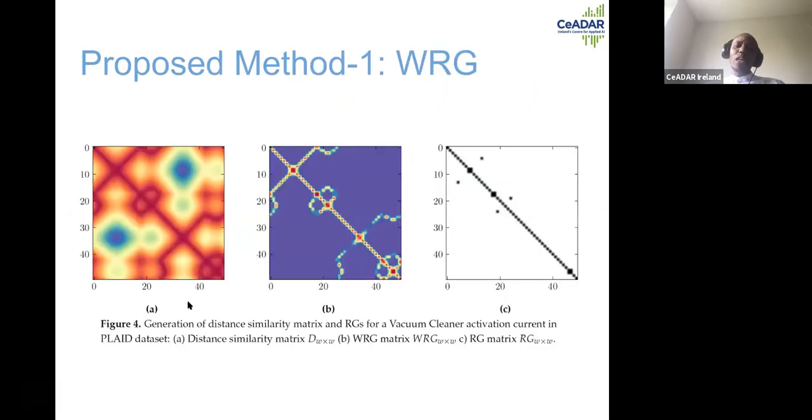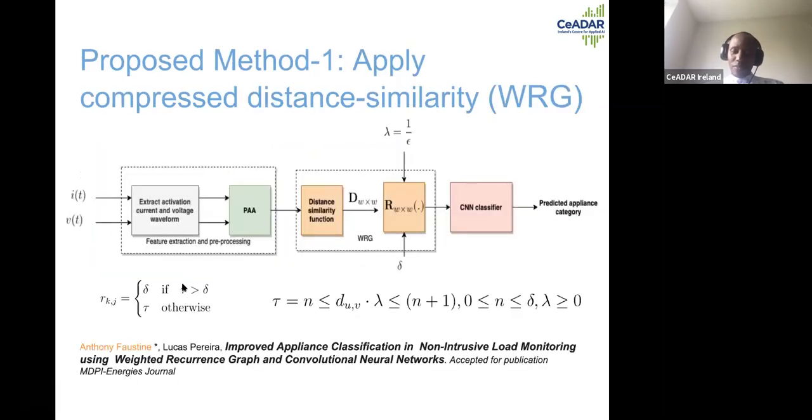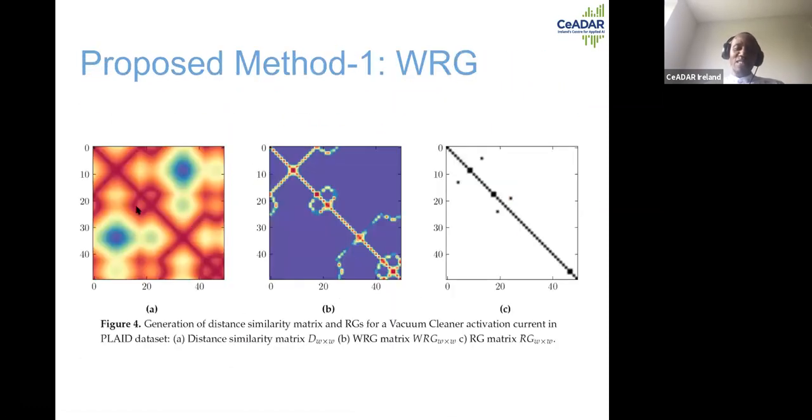And this is the idea: given the input signal, and then this is the distance similarity matrix, and then you apply a weighted recurrence graph, which compresses this distance into an image representation, but preserving the shape and the structure of the distance matrix.